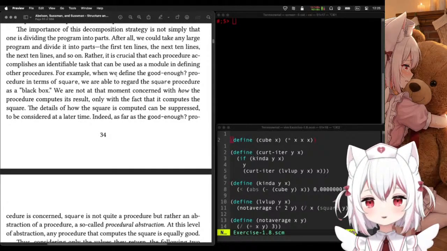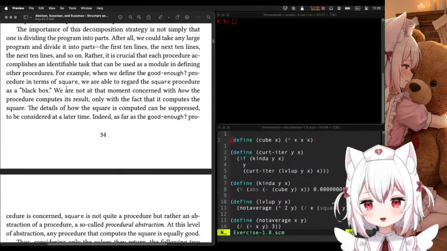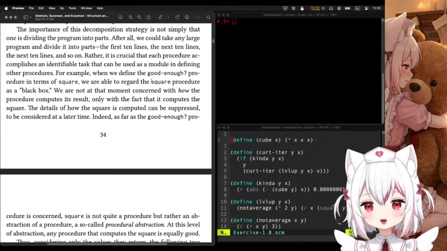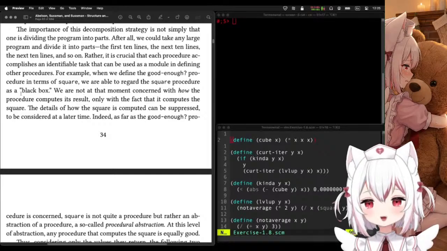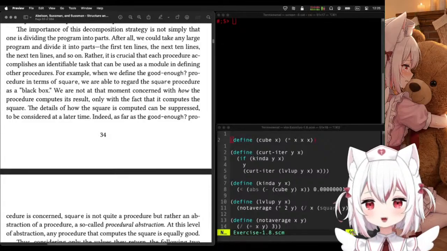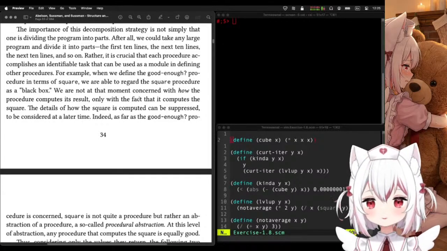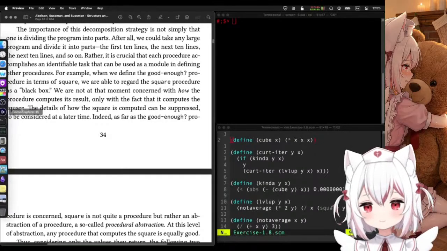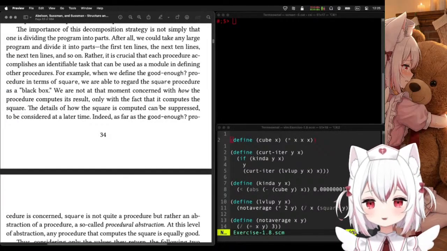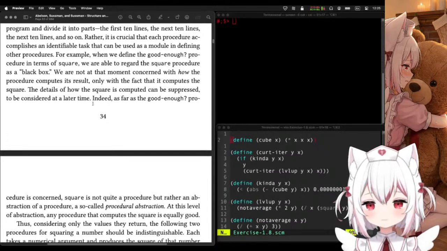For example, when we define the good enough procedure in terms of square, we are able to regard the square procedure as a black box. We are not at that moment concerned with how the procedure computes its result, only with the fact that it computes the square. The details of how the square is computed can be suppressed, to be considered at a later time.